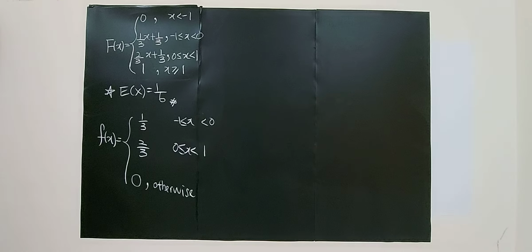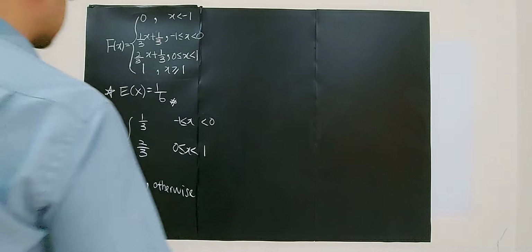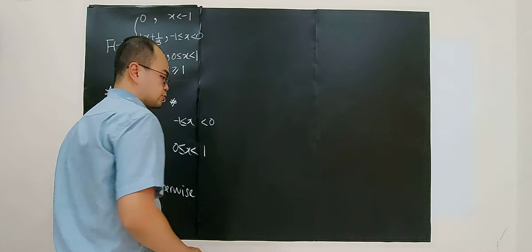Alright, okay. Next, the question is asking us to find the standard deviation of the continuous random variable x. To find the standard deviation, at first we must find the variance.